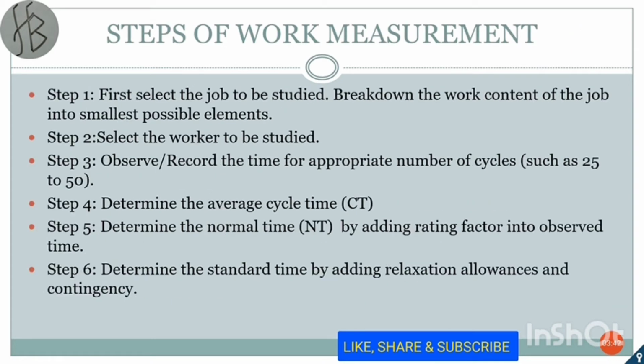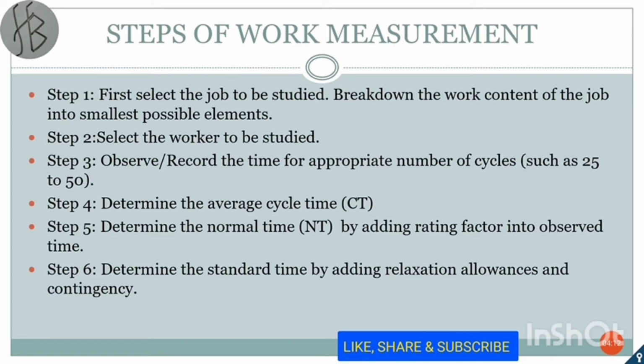Now, what are the steps involved in doing any work measurement? Step 1 is to select the job to be studied. Then break down the work content of the job into the smallest possible elements. Select the worker to be studied. Now record the time for an appropriate number of cycles, say 25 or 30, it can be up to 50.